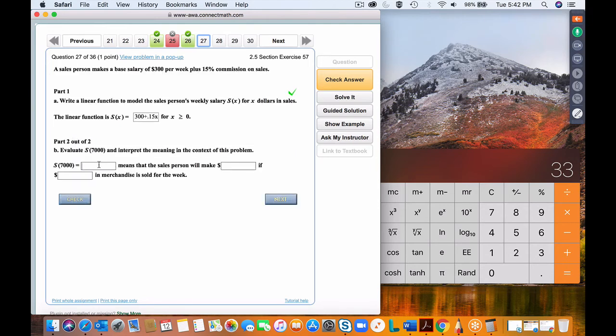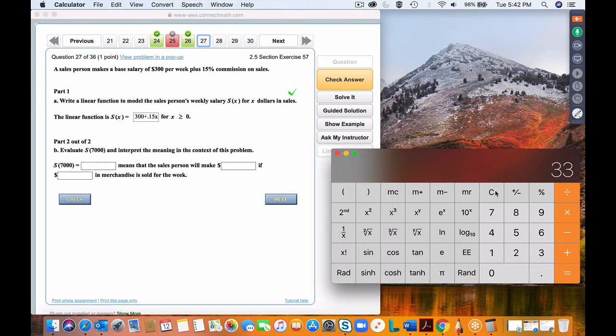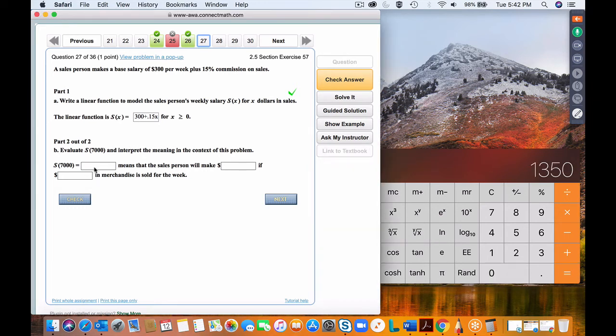Now here, if the sales are 7,000, what do I do? Just multiply the 7,000 by 0.15, like the equation tells you, and then add 300. That will give you 1,350.